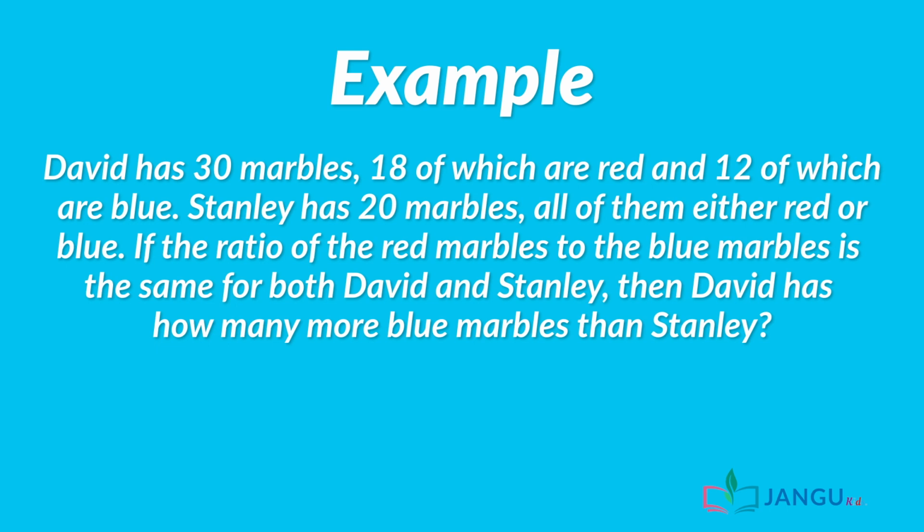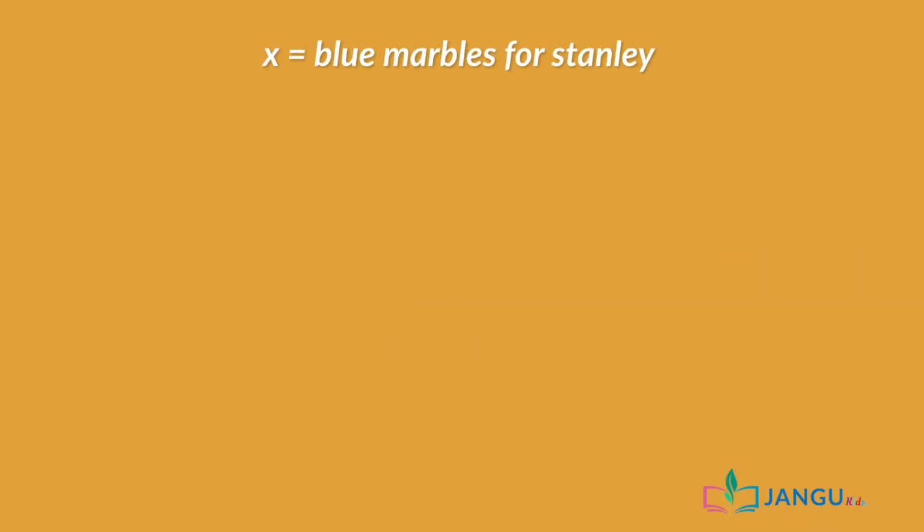Step 1. We assign variables. Let X be equal to blue marbles for Stanley. 20 minus X equals red marbles for Stanley. Next step, we get the ratio from David. David has 30 marbles, 18 of which are red and 12 of which are blue.